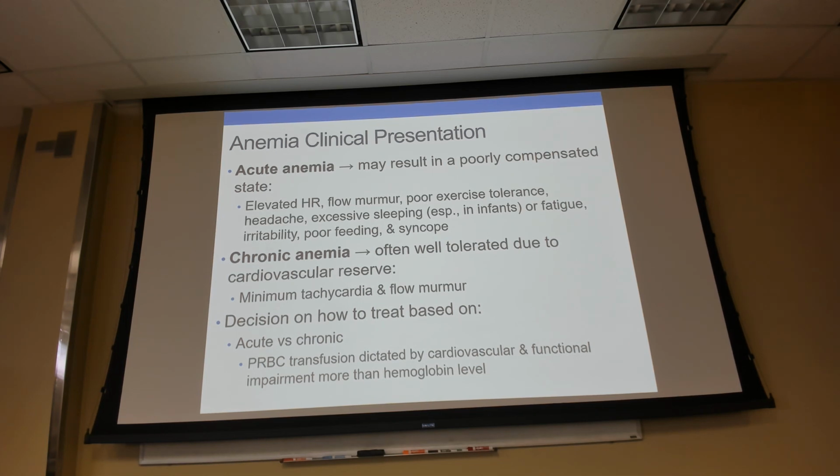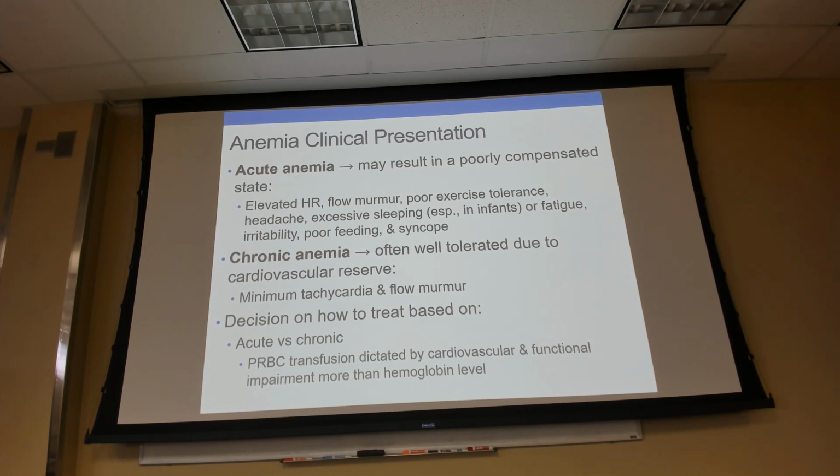When we talked in cardiovasculature, we said that children could do really well if they adapt over time to those pericardial effusions. They don't do well when it's rapid. Very similar response here. So a chronic anemia, they tolerate really well. Over time, they're able to compensate for that. They have the tachycardia, they might have some of that flow murmur, but they compensate really well.